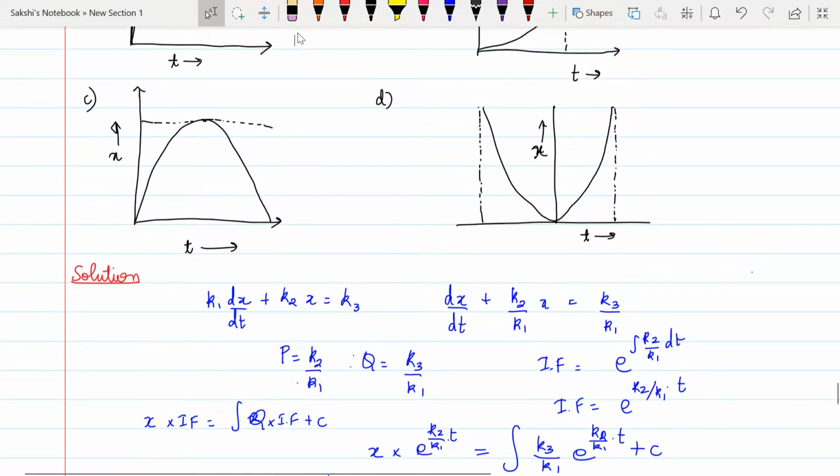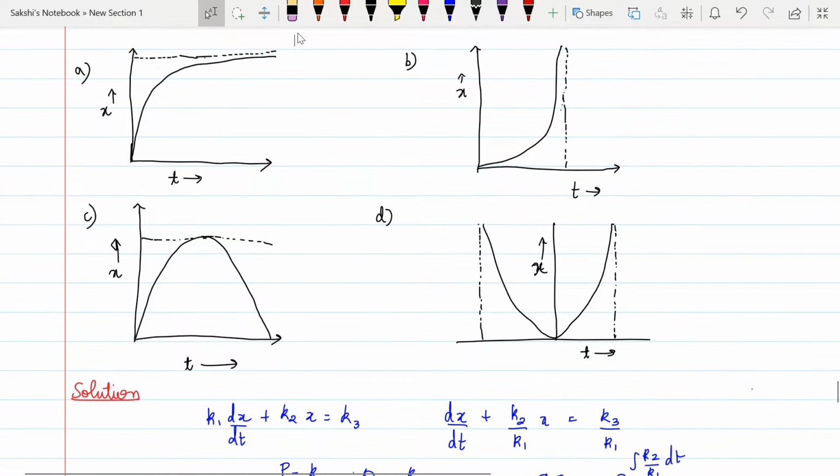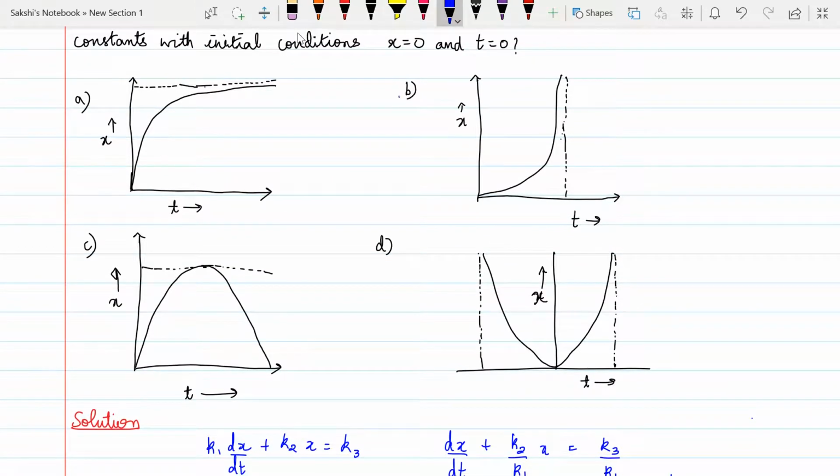If you find a graph for 1 minus e power minus t, only option B will satisfy our solution. So this graph satisfies our solution very well, because this is something like the 1 minus e power minus t graph. So this constant will just enlarge our graph or just decrease it, but it won't change the entire graph. So therefore this constant will not do anything much.